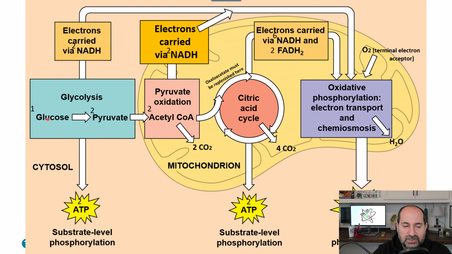And the hydrogens of glucose are now found on these carriers, NADH and FADH2, which are all headed to the final stage to visit the electron transport chain during oxidative phosphorylation, which is the final step of cellular respiration. So let's go and take a look at oxidative phosphorylation in detail.